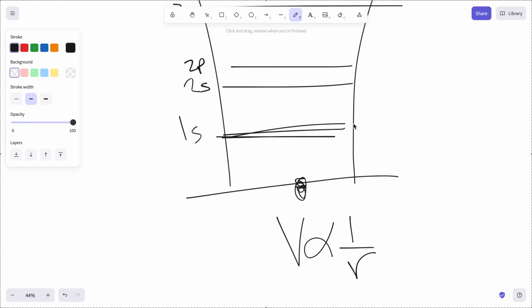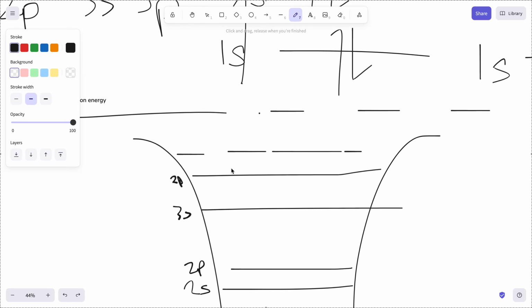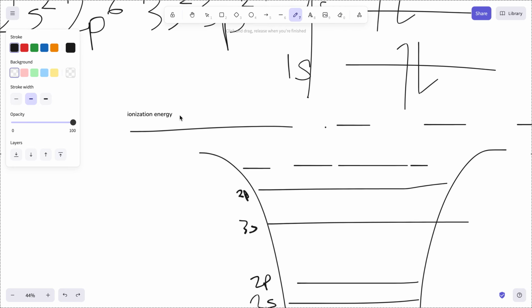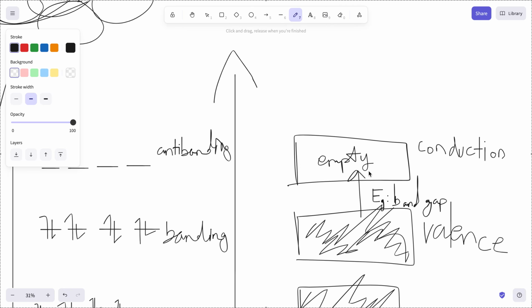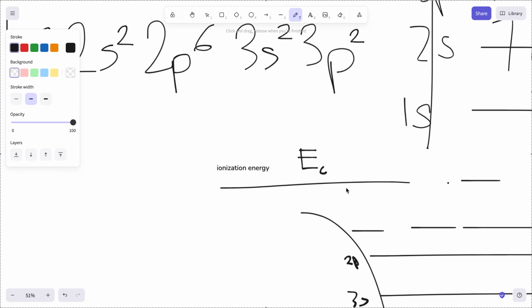So the potential of these electrons down here is very high, but then the potential up here is not as high. And when you get to the top, you get to something called ionization energy, which is basically the energy it takes for the electron to be completely free from the nucleus. And it equals the lowest conduction band energy subtracted by the valence band energy is equal to ionization energy.